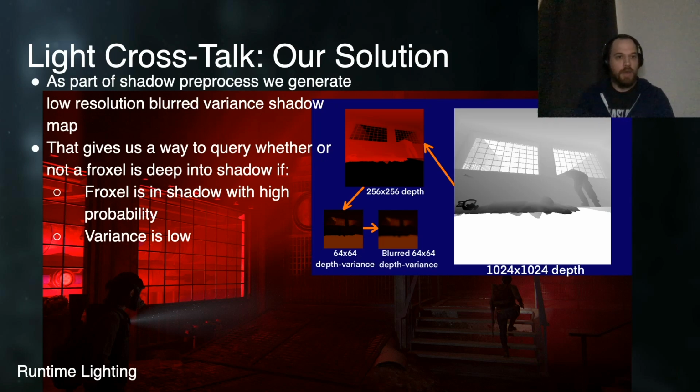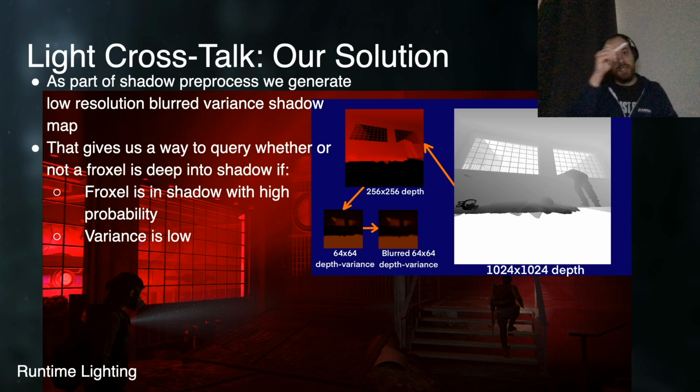The data we can get this information from is variance shadow maps. So that's what we do: we downsample our texture, create a variance shadow map, and blur it. That lets us say this particular Froxel has a really high probability of being in shadow, and on top of it, the variance is low. That tells us that everybody around it is in shadow.